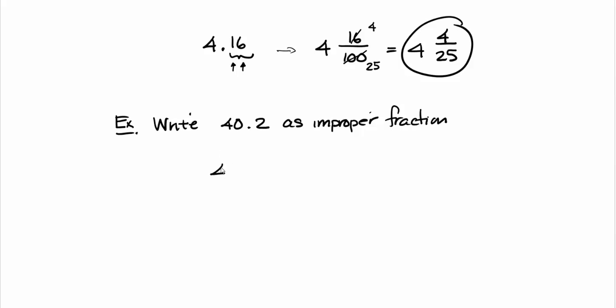I would write it as 40, and again, this is 2/10, right, which is the same as 40 and 1/5. So if I convert that to an improper fraction, remember I multiply in this direction, and then I add the numerator, so I get 201.